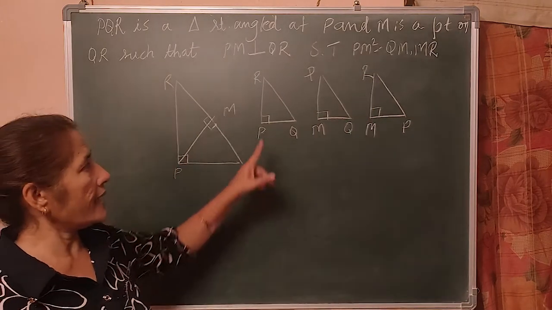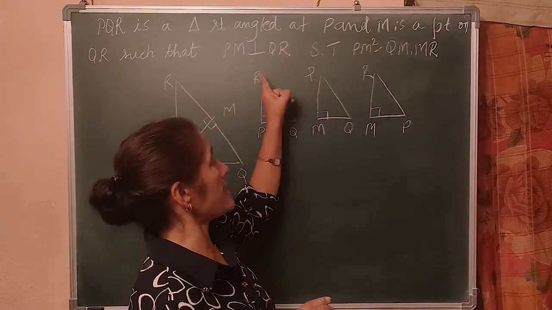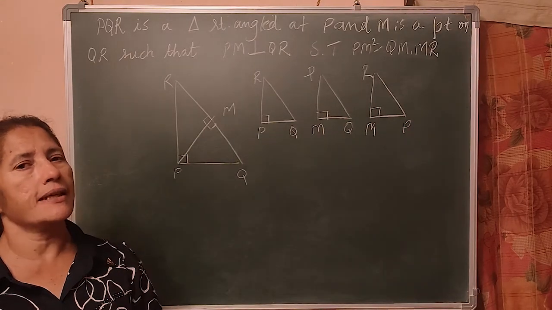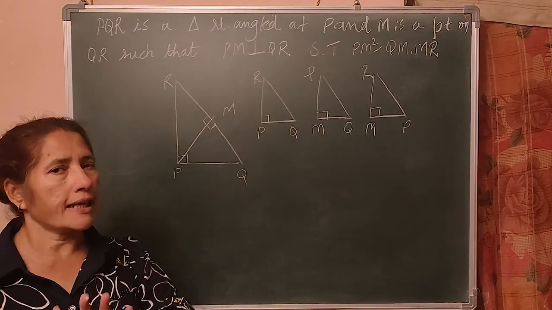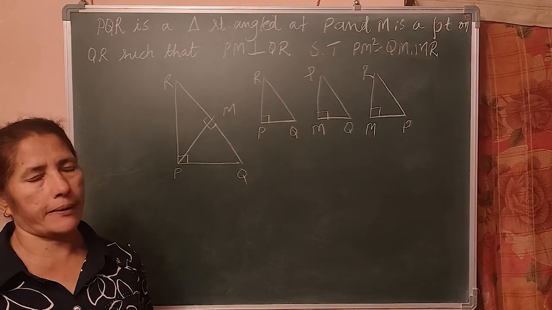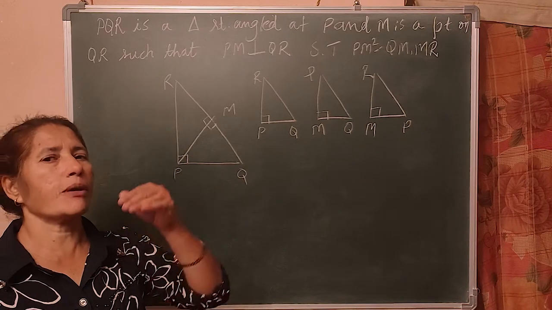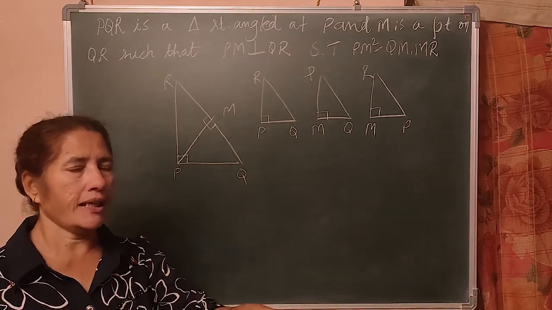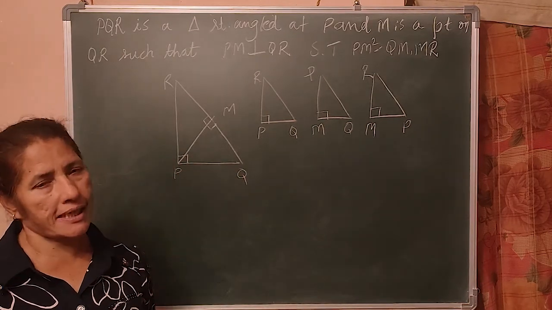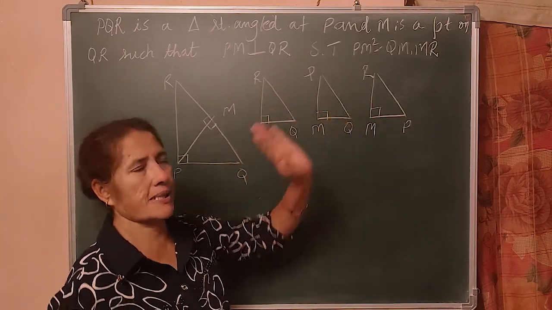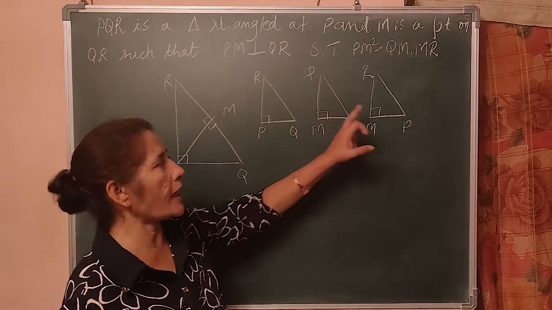This is equal to 90, these are the common angles and the remaining angles are equal, and thus the two triangles are equiangular and similar. So I can say this is similar to this is similar to this.